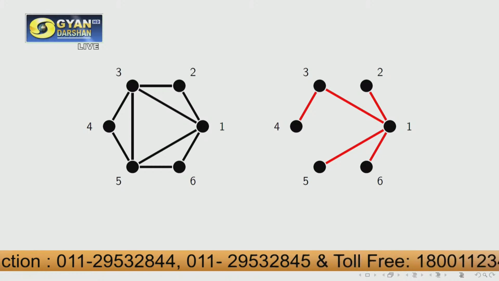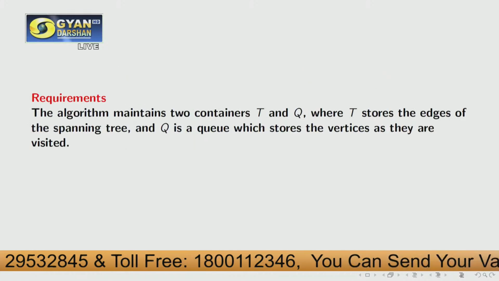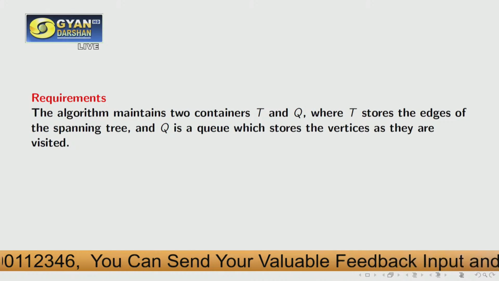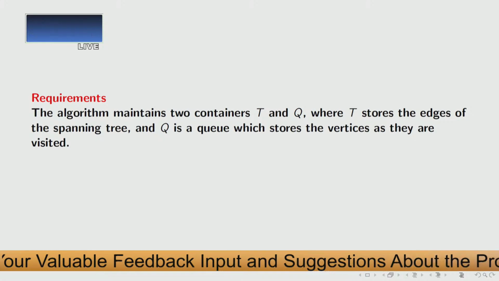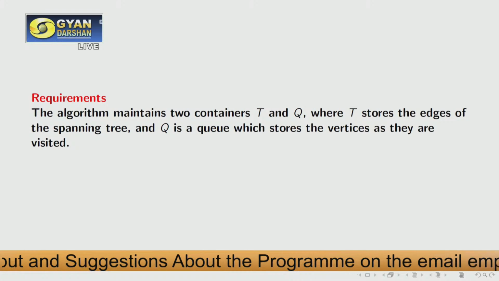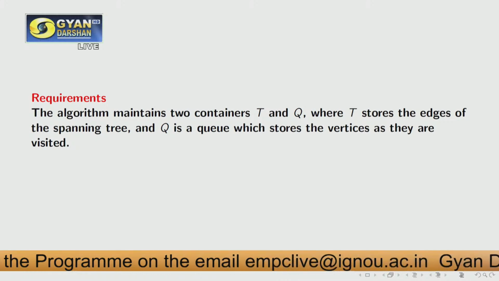The algorithm requires mainly two containers, say T and Q, where T stores the edges of the spanning tree and Q is a queue data structure which stores the vertices as they are visited.